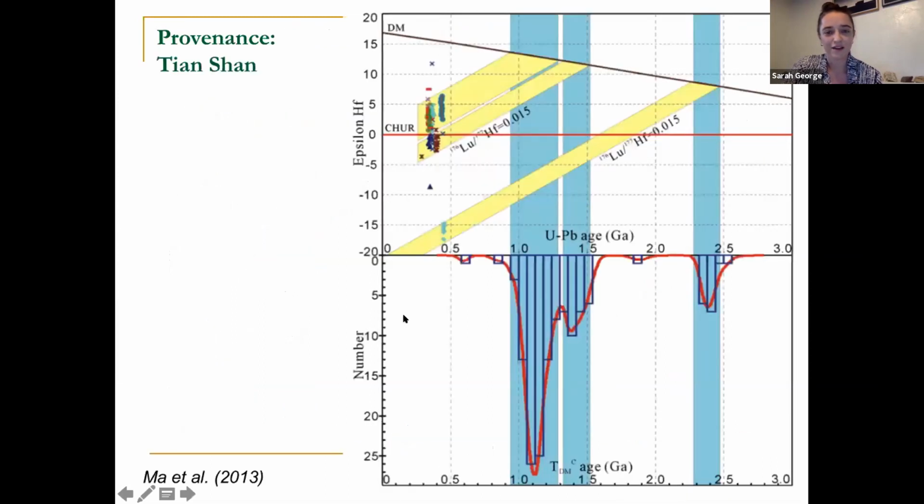Okay, so here's an example from the Tian Shan where they basically take their hafnium data, they pull it back to depleted mantle, they make these sweet PDPs that show the depleted mantle extraction age. What do you guys think about this? Viable?